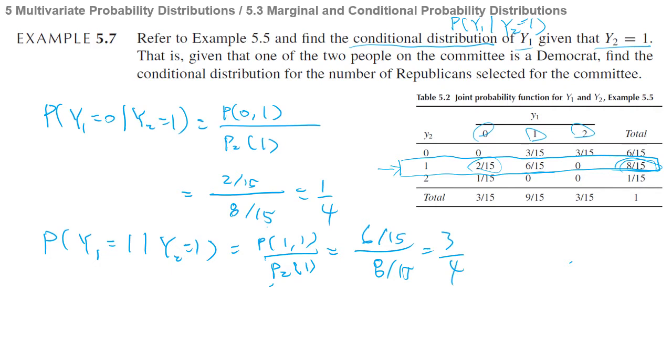And that's all, because for y1 equals 2 the joint probability is 0, and 0 divided by some number is again 0. So the probability of y1 equals 2 given y2 equals 1 is 0. So we calculated the conditional distribution of y1 given that y2 equals 1.